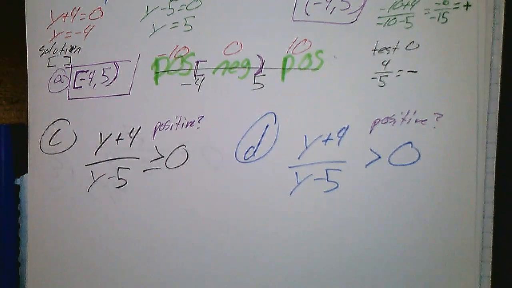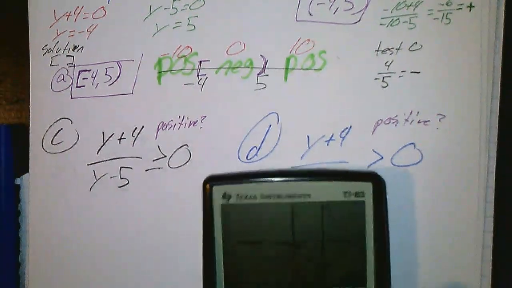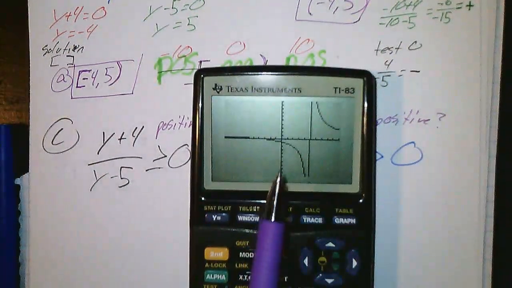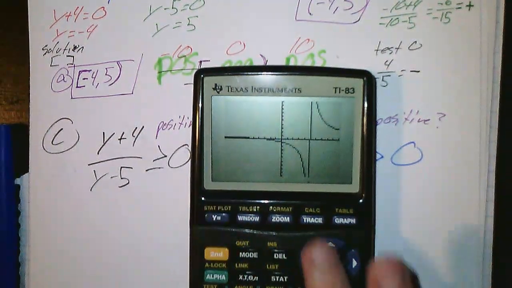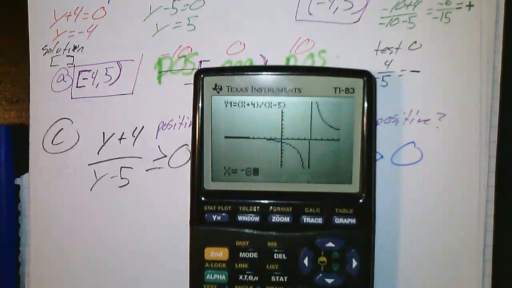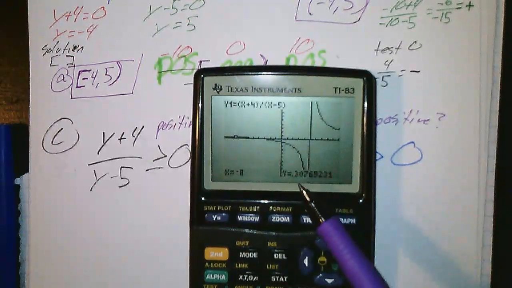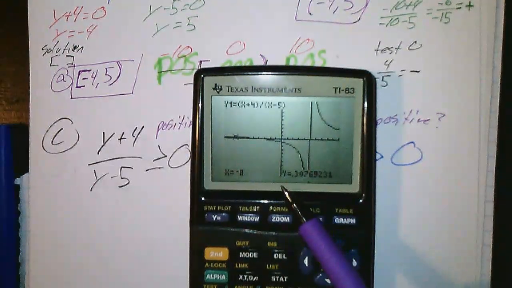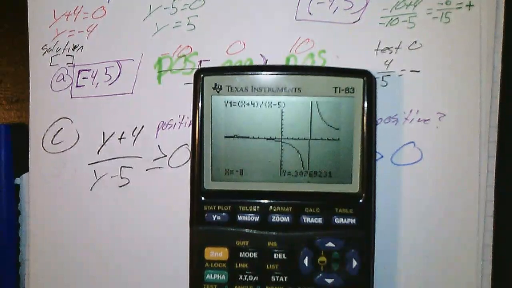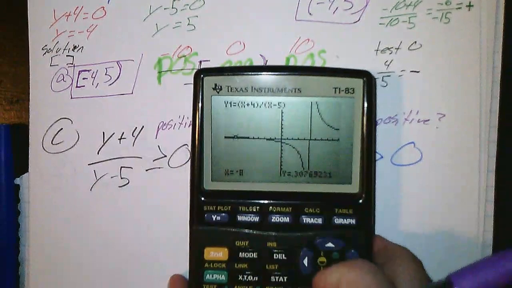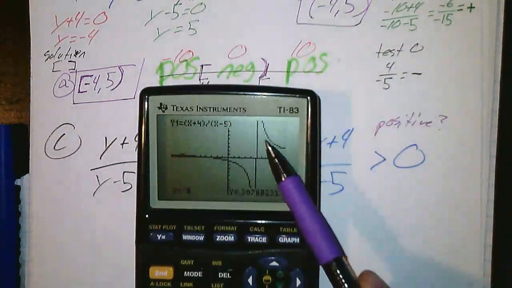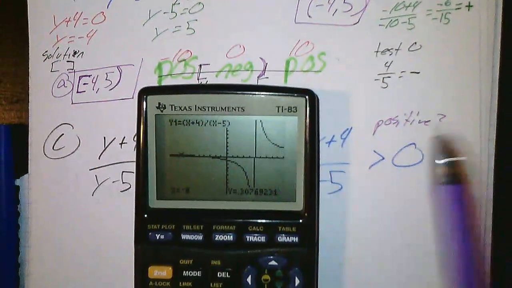And we can see from the table, or we can see from the graph, these are very slight positive values. But if I trace at like negative 8 and hit enter, it is a very small number, but it is positive. So we're positive in our first region, and then of course we're positive after the asymptote.